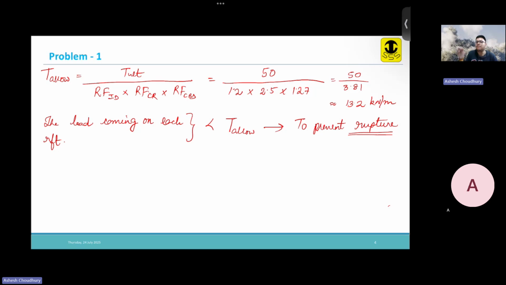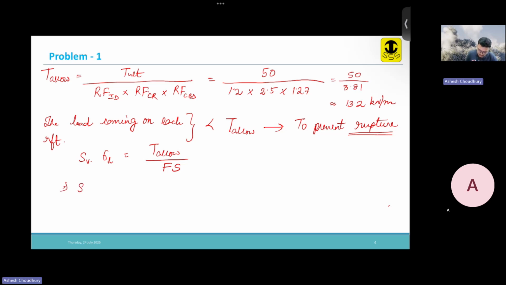So S_V times the horizontal pressure should be less than the allowable tensile strength of the reinforcement. So we write T allowable divided by some factor of safety.